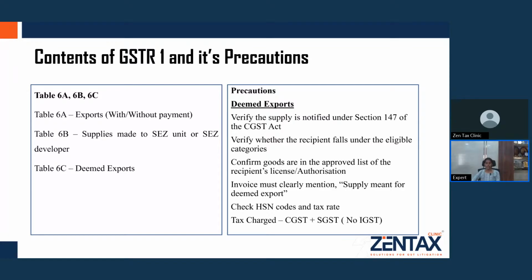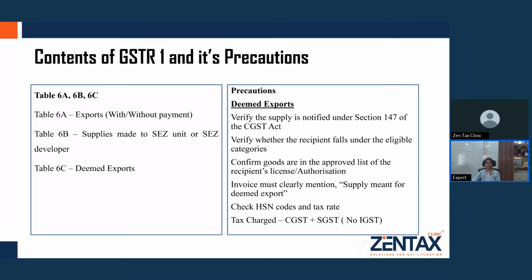And the invoice issued by the supplier must clearly mention that the supply is meant for deemed export, in order to identify that the goods are moving to be used in the manufacture of export products. And here also HSN codes must be verified, and the tax rate should align with the HSN code.